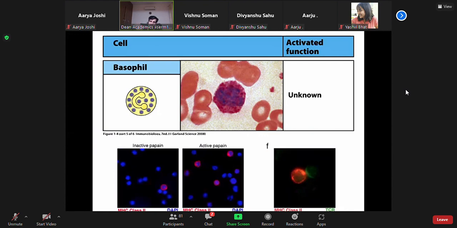You have a cell, right? More or less this MHC class 2 is present on the surface. And why is that required? Because the antigenic derivatives from this antigen, in this case papain, will be loaded onto MHC class 2 and displayed on the surface of these cells.